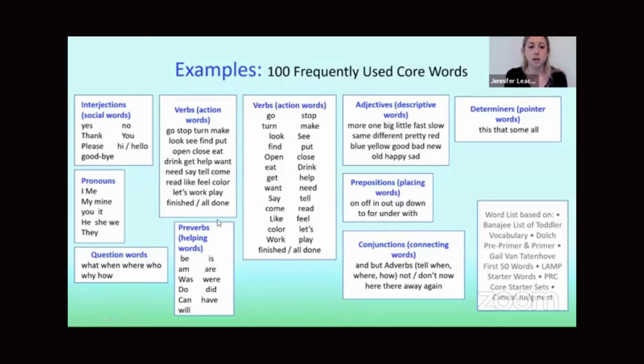You can also talk about describing adjectives. So how it looks, if it's big, if it's little, talking about cars, going fast, going slow. So these are just core words, and think about how many different things you could say with just using core words, and all the different environments they can also be used.